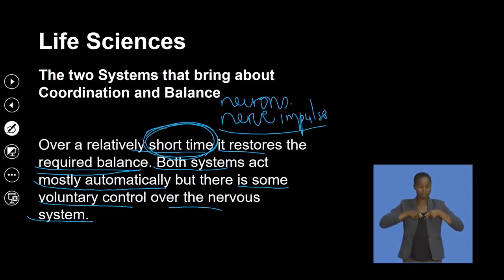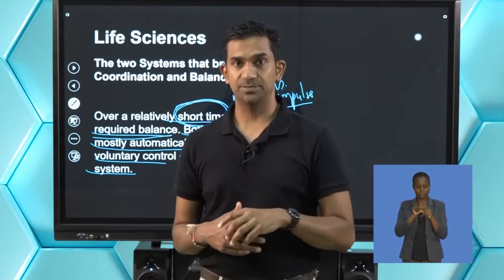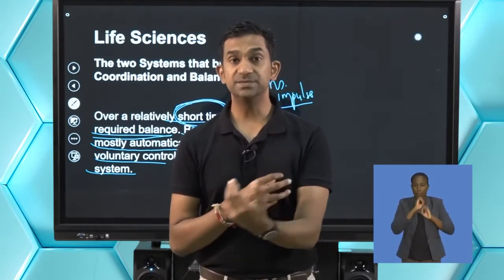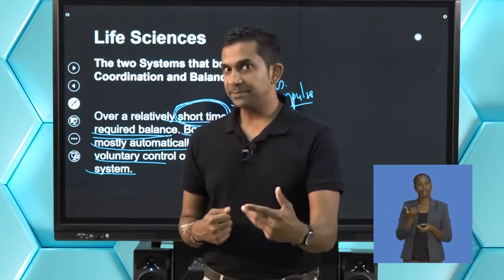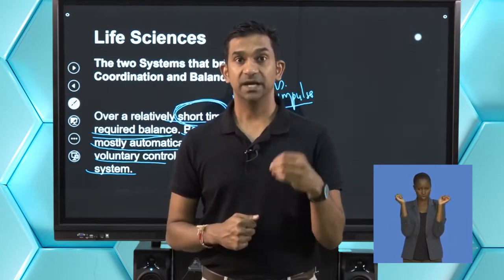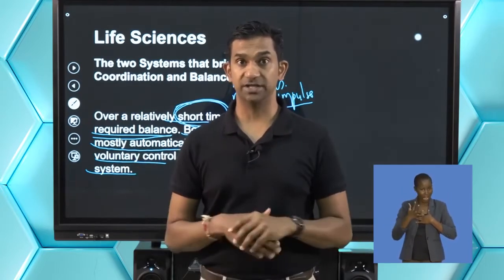So essentially, balance and coordination is an involuntary process. What does that mean? It means that these processes occur without our conscious control, meaning that if the body temperature increases, the body recognizes that and responds by putting in mechanisms to cool the body down.